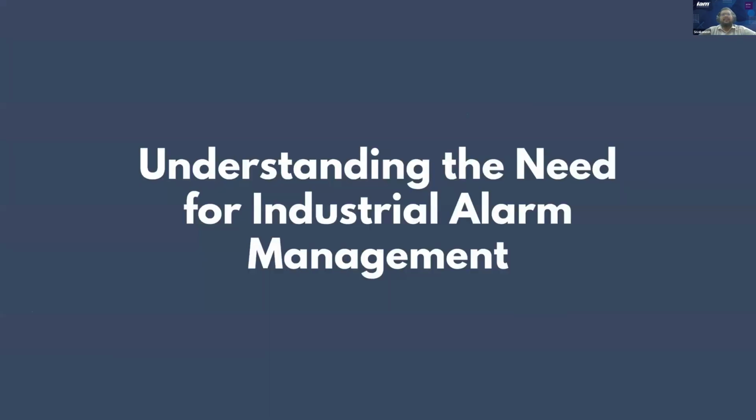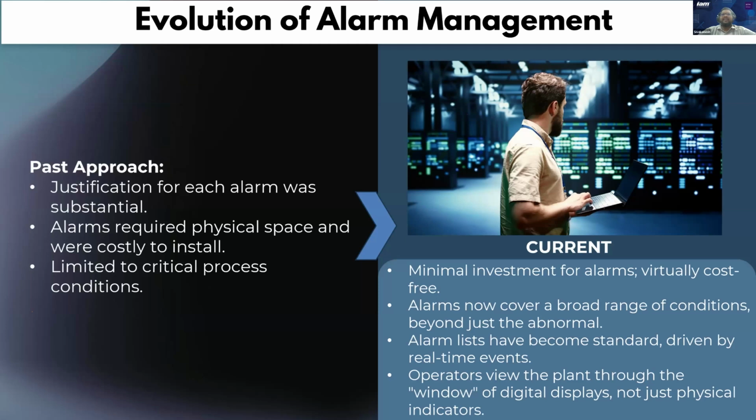Okay, let's dive in. So I will talk about classic alarm management versus current-day alarm management. In early days, alarms can be very simple, meaning that you actually have a panel.